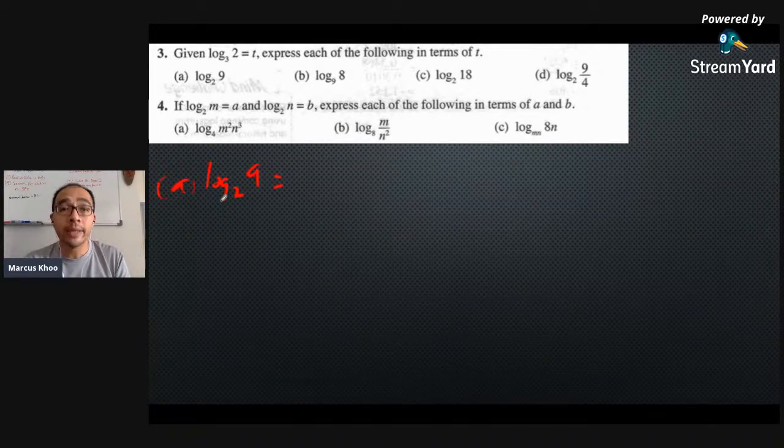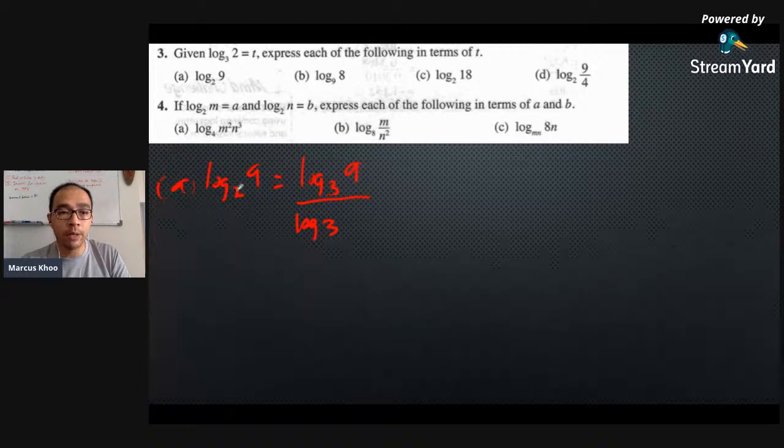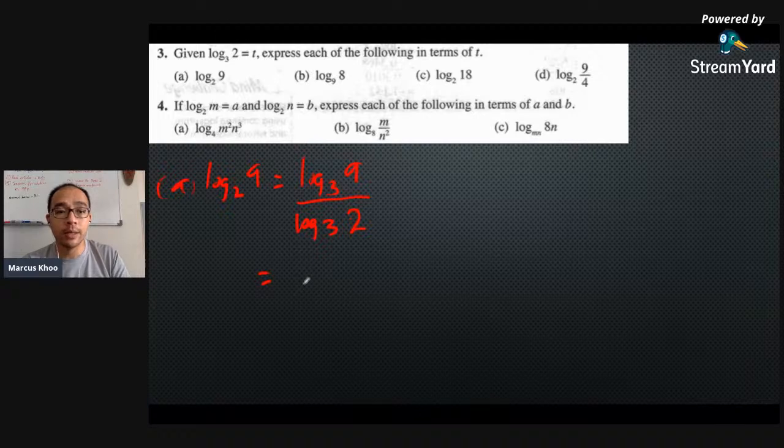Since I don't know anything and I want t, I have to change this into base 3. No choice. So this will be log_3 9, I put the number 9 on top, and I put the number 2 at the bottom. Good news, log_3 2 is t. So over t. What about log_3 9?